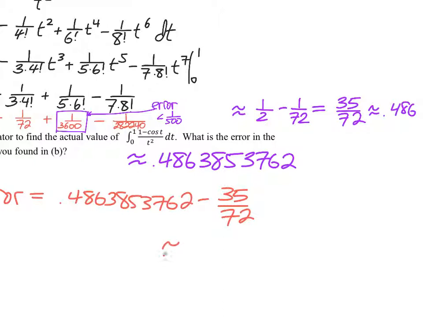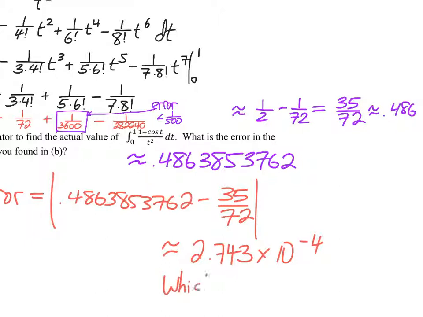We're getting approximately negative, well, we don't need the negative because it would be absolute, so we're looking at an error of about 2.743 times 10 to the negative fourth power. Now if I compare that to 1 in 500, it definitely is less. Looks like we got it done.